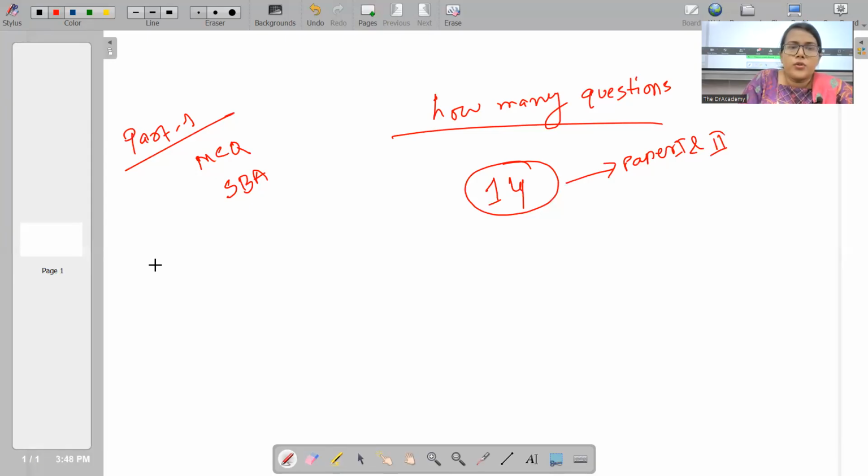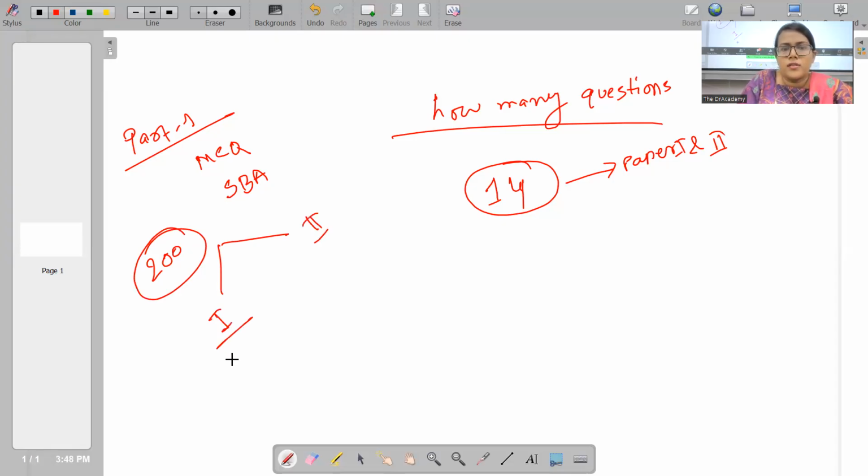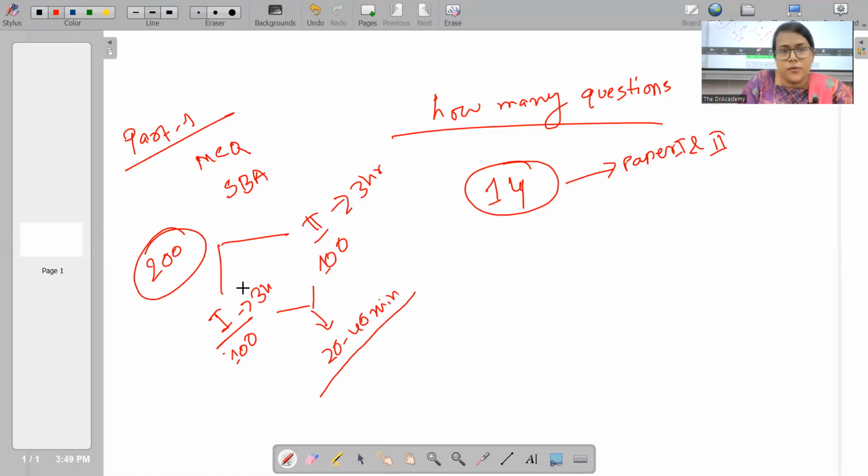Okay, so there will be 200 questions in total consisting of 2 papers, paper 1 and paper 2. Each consisting of 100 questions, okay? So each of this paper will be taking 3 hours. Paper 1 is 3 hours, paper 2 is 3 hours, and there is a gap of 20 to 40 minutes in between, depending on the exam center.